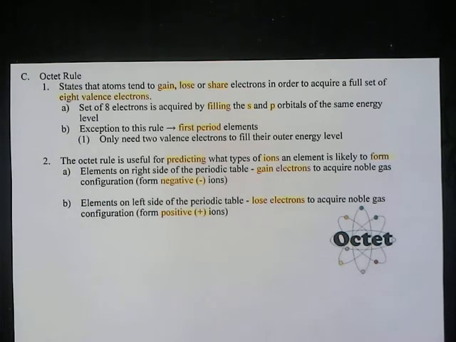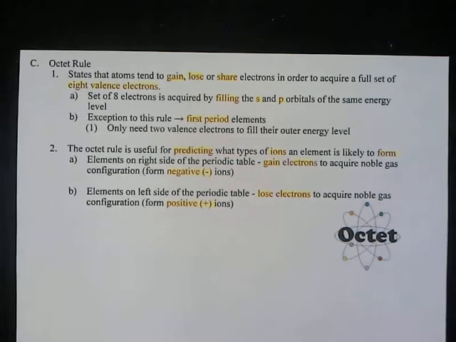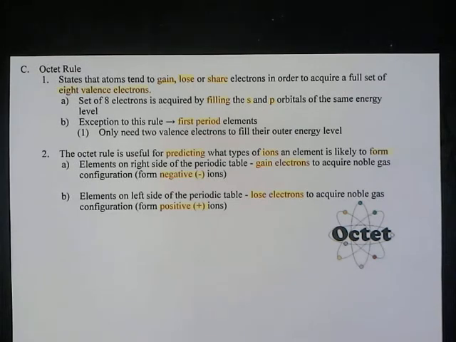The Octet Rule says elements want to gain, lose, or share electrons to get to 8 valence electrons. Why, do you ask? If we have 8 valence electrons, they fill the s and p orbitals of their highest energy level. This satisfies the atomic structure of that element, and they are, quote unquote, happy to have those s and p orbitals filled.